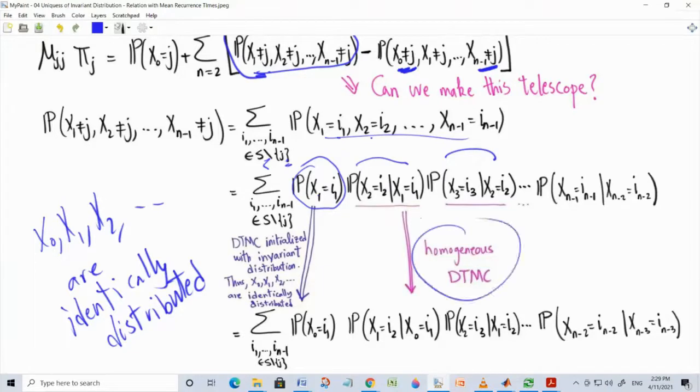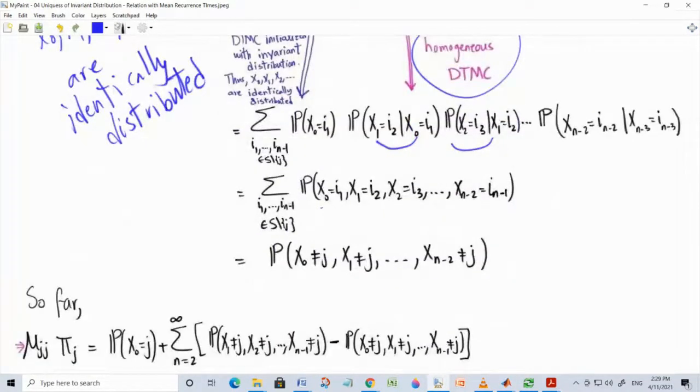Now, as I said, we will deal with homogeneous chains, so things depend on time differences. So going here from time instant 1 to 2, we can have 0 and 1, 2 to 3 can be 1 and 2, and so on. So we can rewrite this thing as a summation, and here we have x0 up to xn minus 2, and again we can rewrite things in terms of not being equal to j.